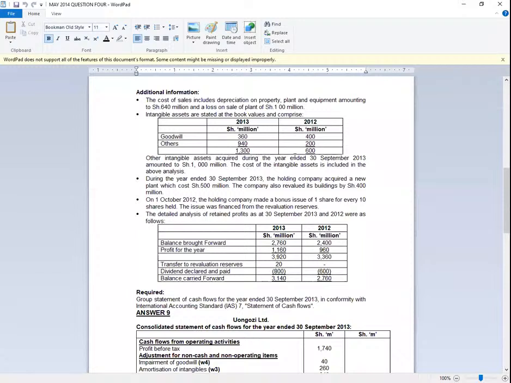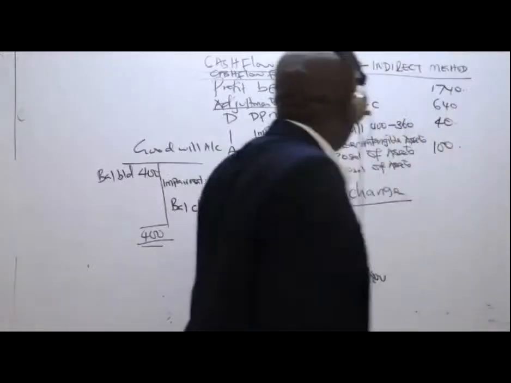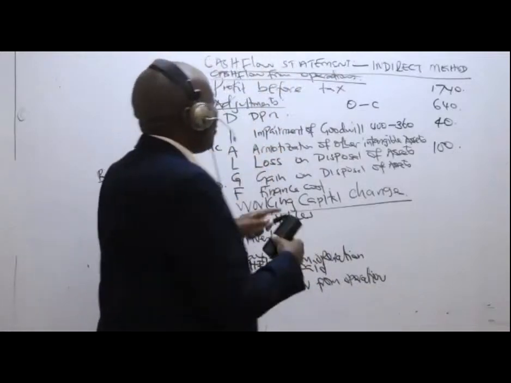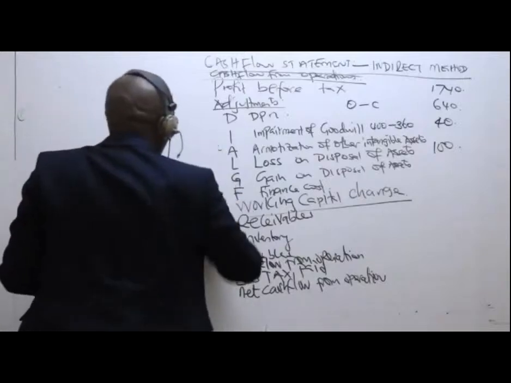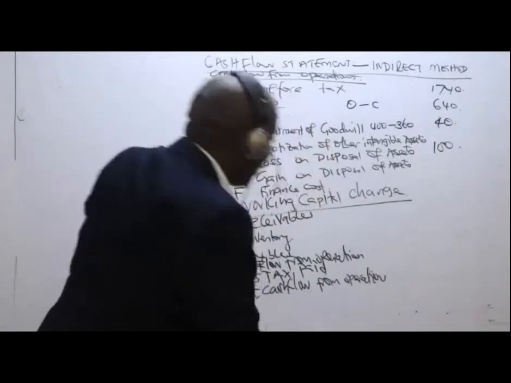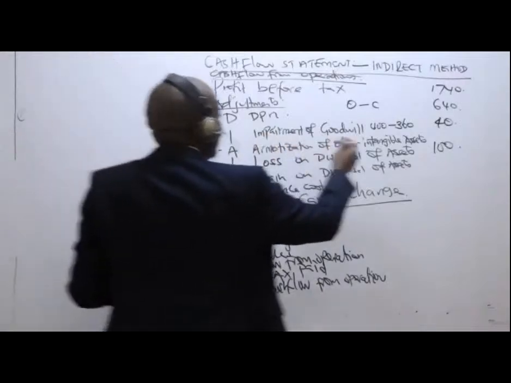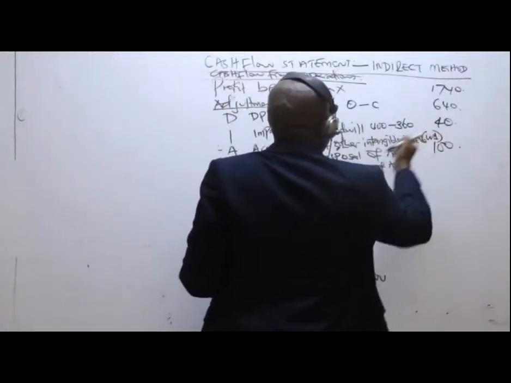So if I'm an Excel student, I will take 200, what I began with, plus what was acquired, minus closing. Closing must always be subtracted. So I'll talk of 200 plus 1,000 minus 940. For the amortization of other intangible assets, you can put this aside as working one.